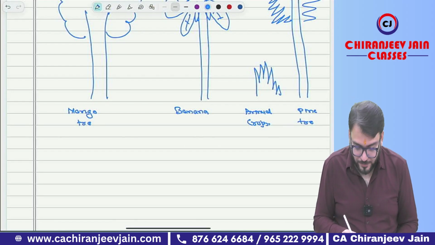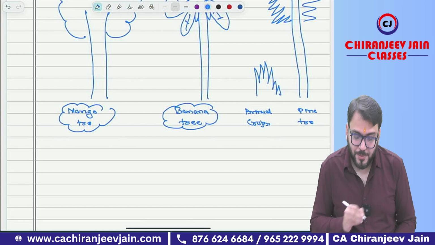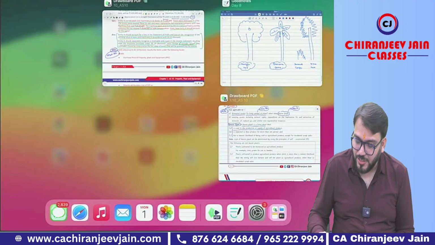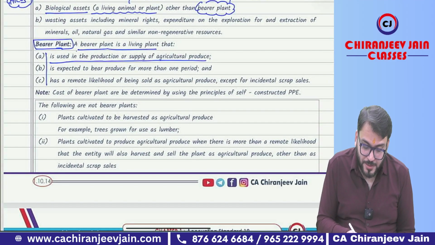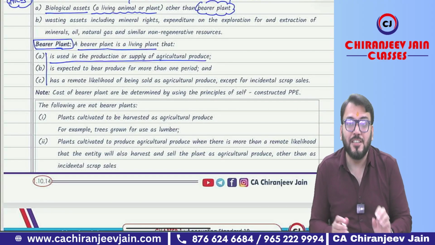Okay, sir. For example, I have taken these. Let me read one by one each condition. First, a bearer plant is a living plant that is used in the production or supply of agriculture produce.